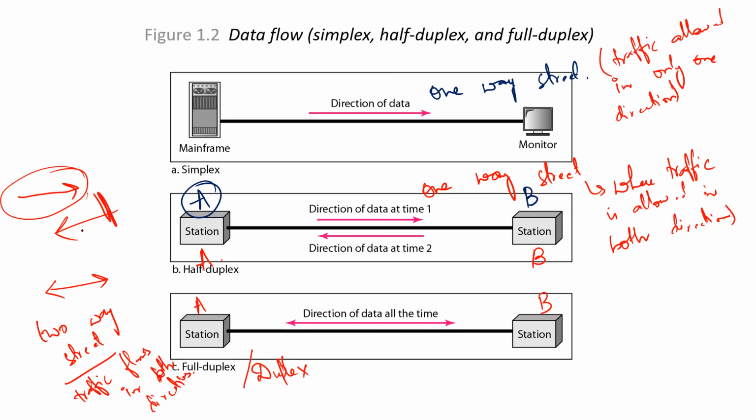One common example of full duplex is our telephone network or even mobile phones, where both the people can talk at the same time and listen at the same time. The full duplex mode is used when communication in both directions is required all the time, and the capacity of the channel, however, must be divided between the two directions. So this is our data flow.